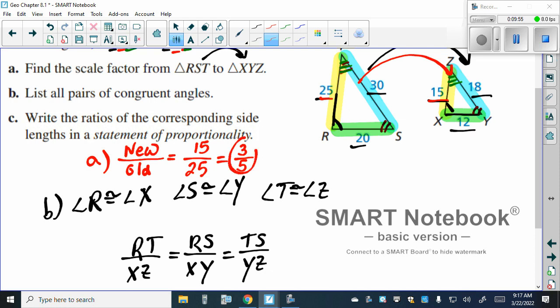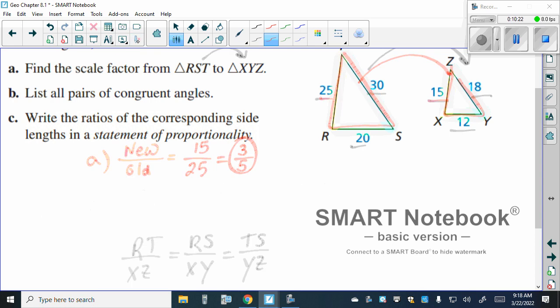And 3/5 would be the scale factor. And really what that's telling us is any of the lengths for RST, if we multiplied them by 3/5, we would get the corresponding length of XYZ. Any questions on this here?